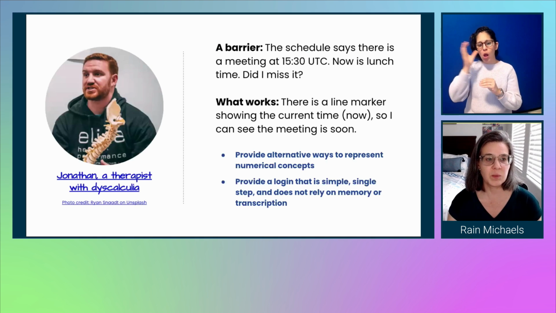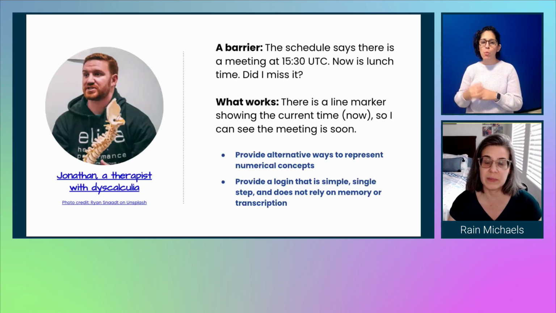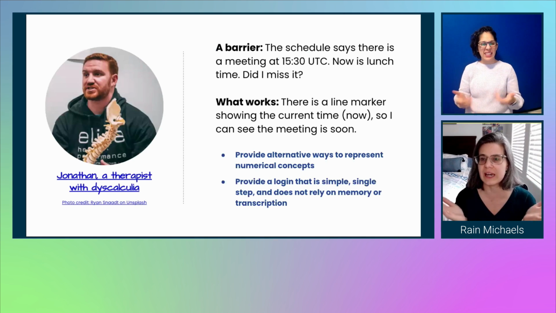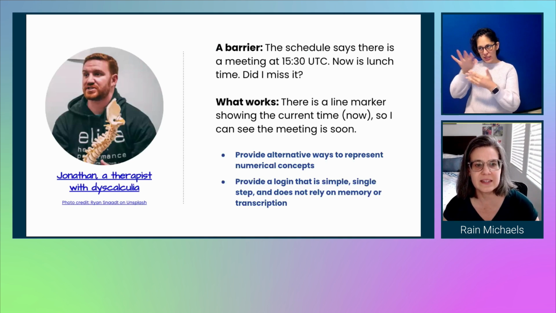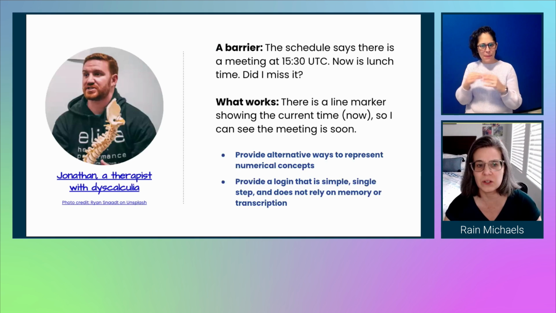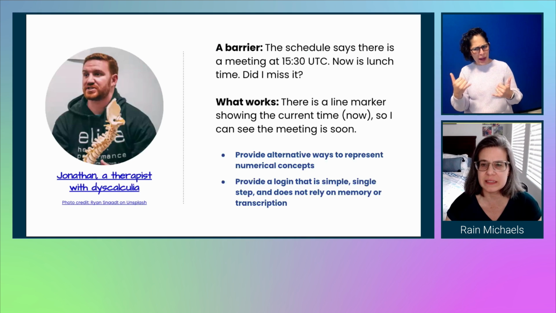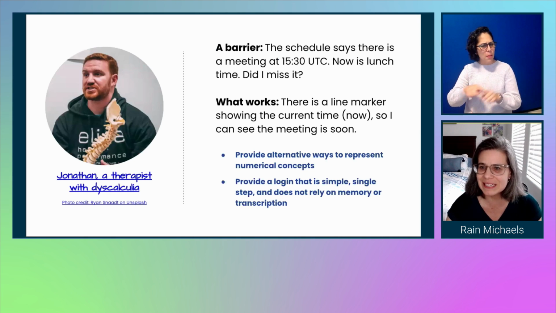And so an example of a barrier that Jonathan may experience on a regular basis is his schedule. He's got a visual schedule or calendar in front of him, and it says that he has a meeting at 15:30 UTC.